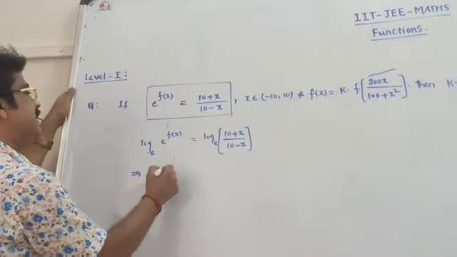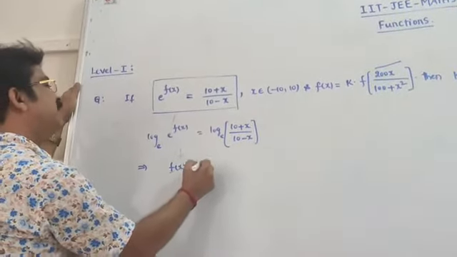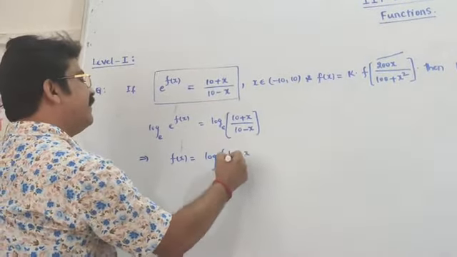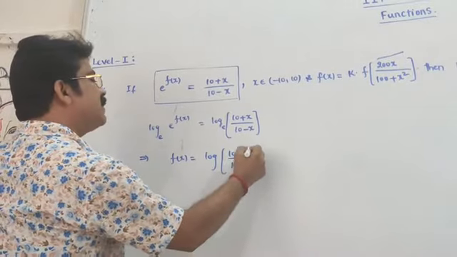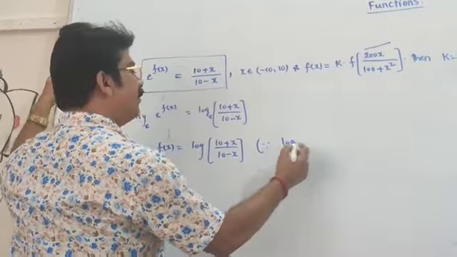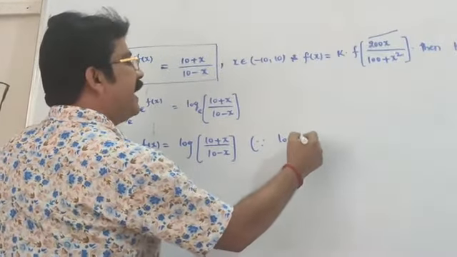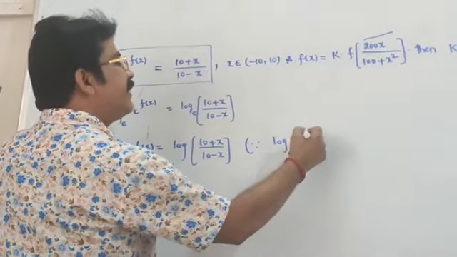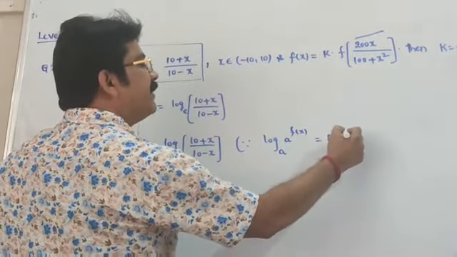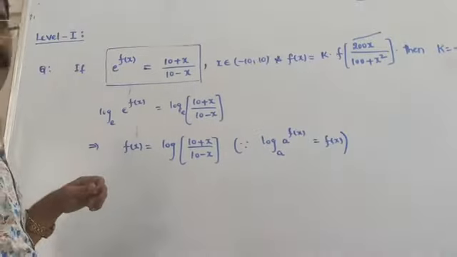So that implies f of x equals the logarithm of 10 plus x divided by 10 minus x, because the logarithm to the base a of a to the power of any function is nothing but that function. This is a simple important formula in logarithm.